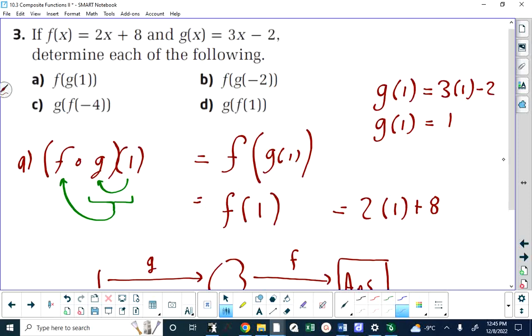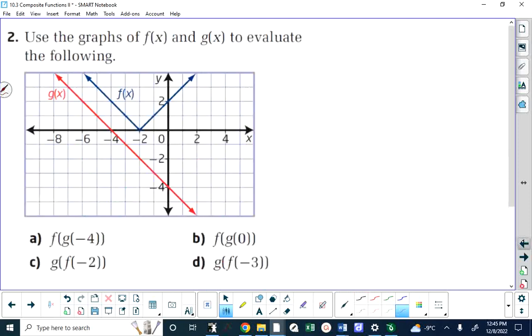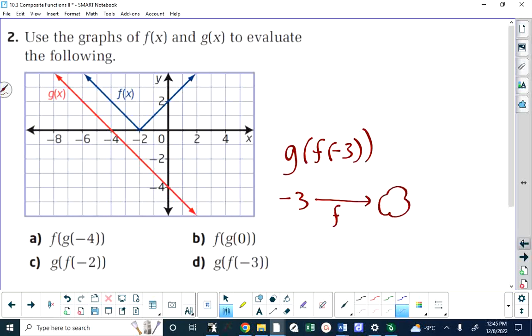But it could be like 2, where feeding the numbers through could mean you look at a graph. So for example, if I say to you, what is g of f of negative 3? Well, negative 3 gets run through f. The result gets run through g to get the answer. And what you need to remember about a graph is this is the input and this is the output.